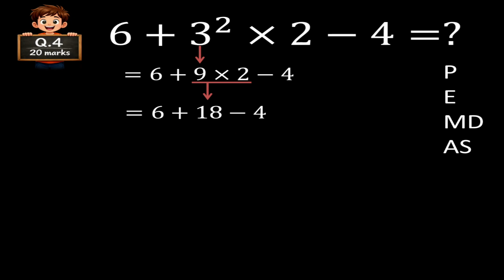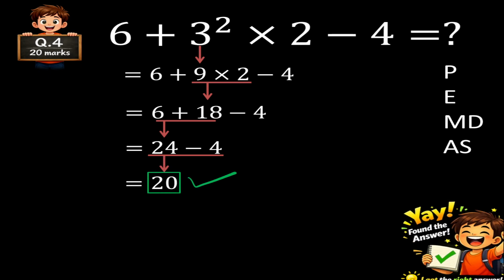Both have equal priority, so we have to solve from left to right. So first we have to solve this addition. So 6 plus 18 is equal to 24. So the expression becomes 24 minus 4, right? Now 24 minus 4 is equal to 20. So the correct answer is 20, right?